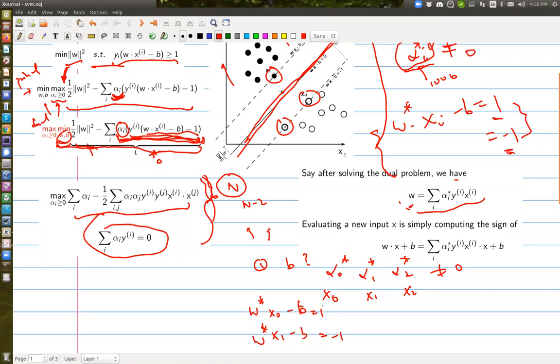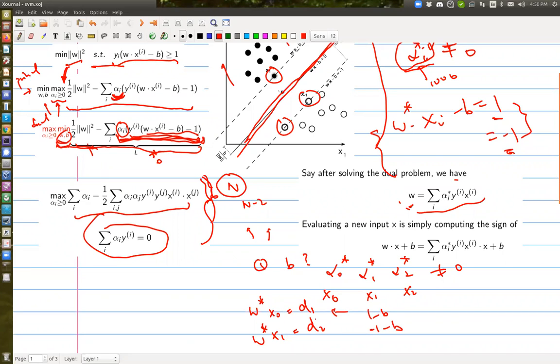Let's just ignore this b first. It should be equal to some value, right? Let's say equal to D1, and the other one equal to D2.